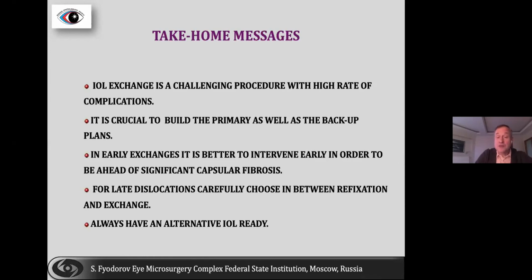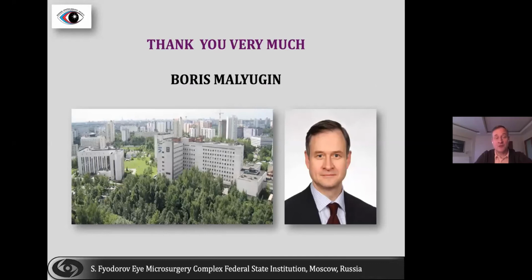In many cases, it's better to intervene early in order to be ahead of significant capsular fibrosis, and that will help you to reimplant the lens into the capsular bag. And refixation or exchange, it looks like they provide more or less similar results. And of course, you have to keep in mind that there are alternative techniques, and alternative lens models should be available. And I thank you very much for your kind attention.